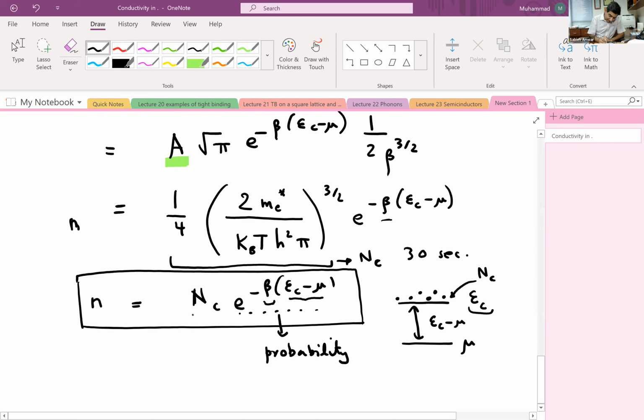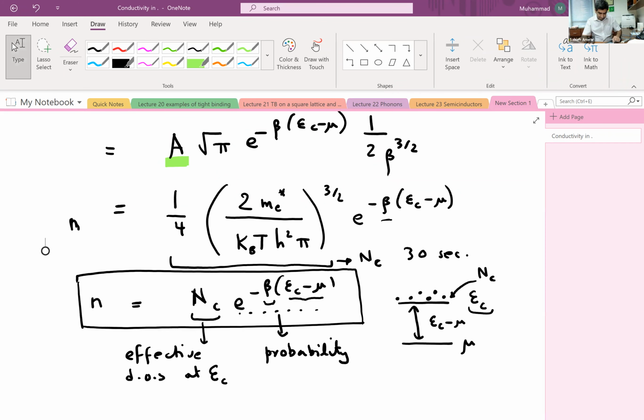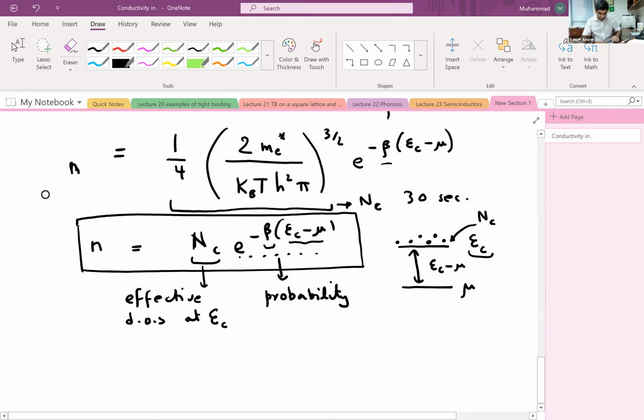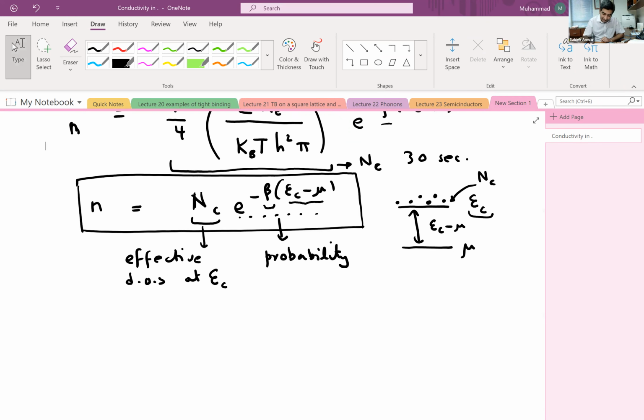This Nc, by the way, is called the effective density of states at EC. So n can be interpreted as effectively how many states are available at Nc multiplied by the probability of occupancy of that state.